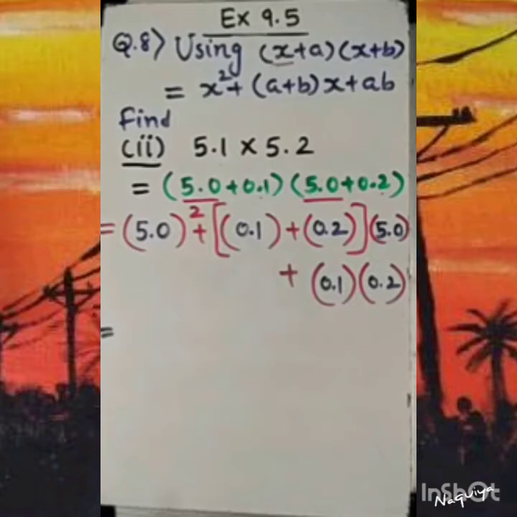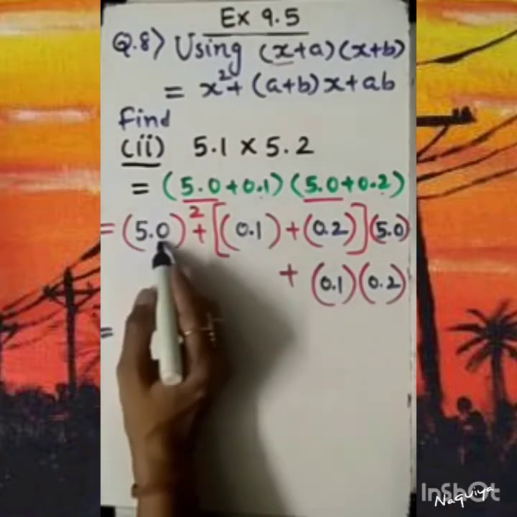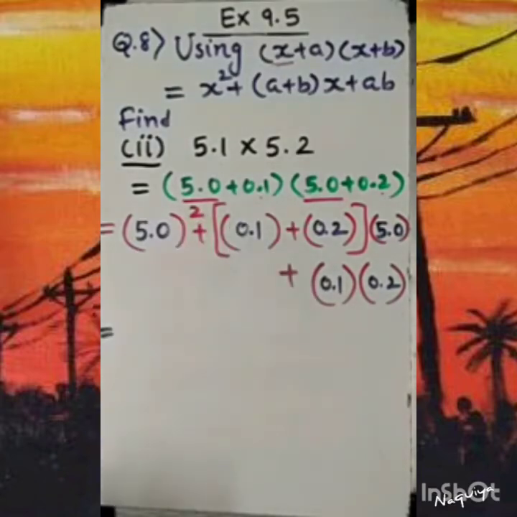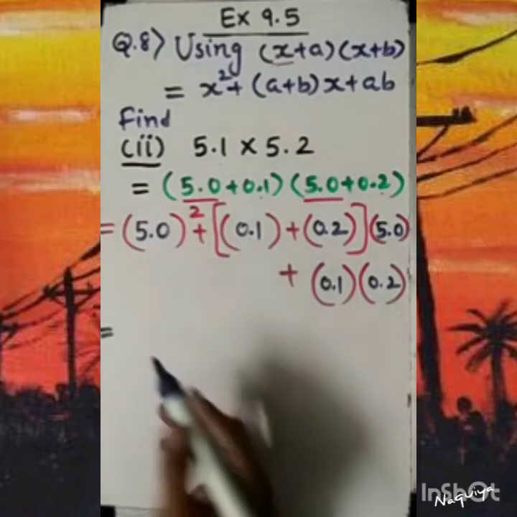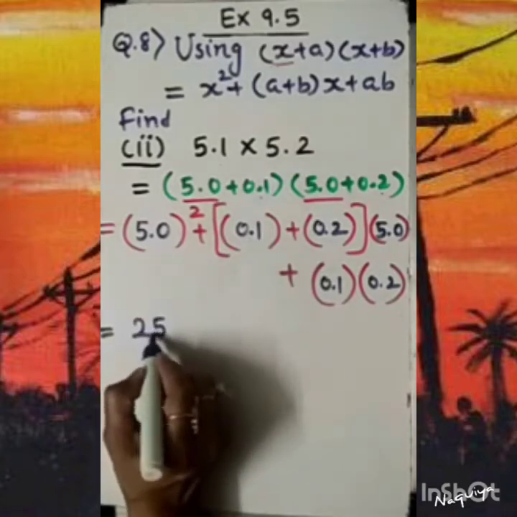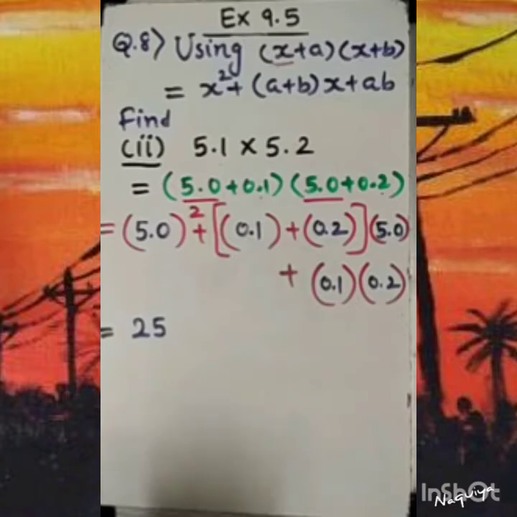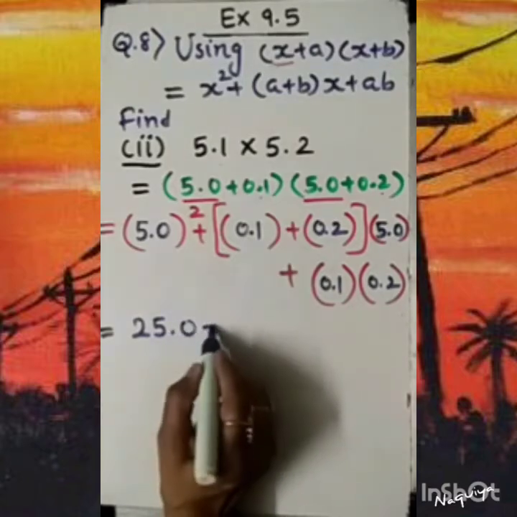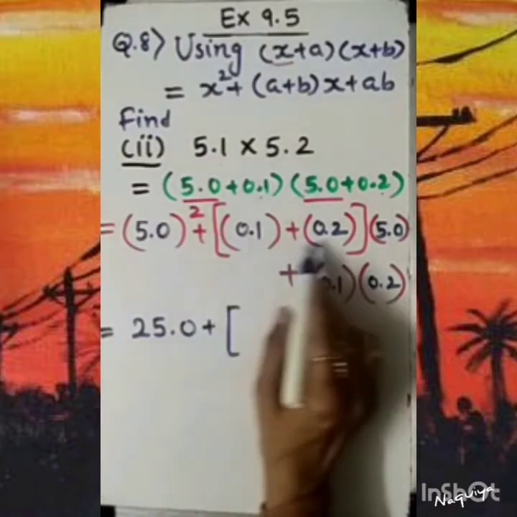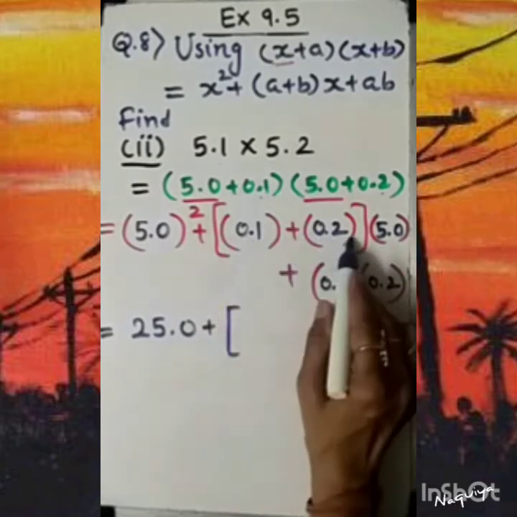So let's simplify. Okay. 5.0 square is 5 square. 5 square will be 25. 5 into 5 is 25. So you can write 25.0. Now let's add this 0.1 plus 0.2.